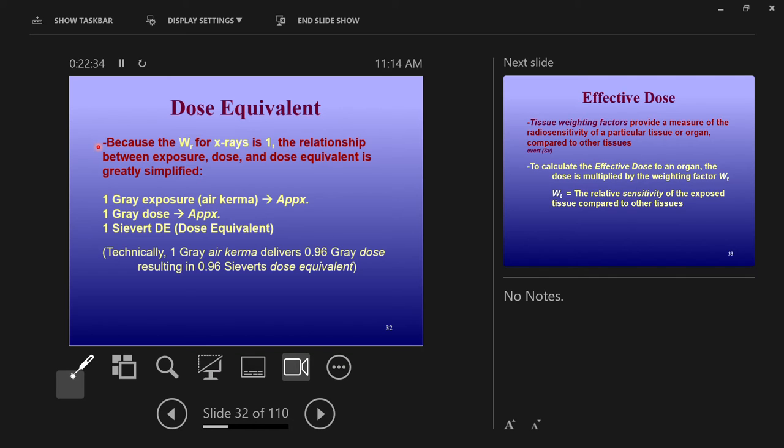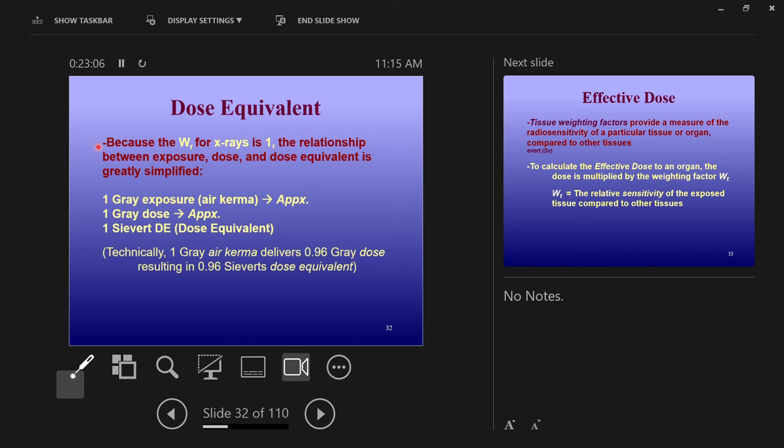And that's the field we're in, right? We're talking about X-rays. So for X-rays, exposure, dose, and dose equivalent are all the same as far as what they come out to measure. So again, I give you 1 gray of exposure, you absorb about 1 gray. And it has about 1 gray's worth, or 1 sievert worth of biologic harm. So for that reason, the gray and the sievert are basically interchangeable for X-rays.